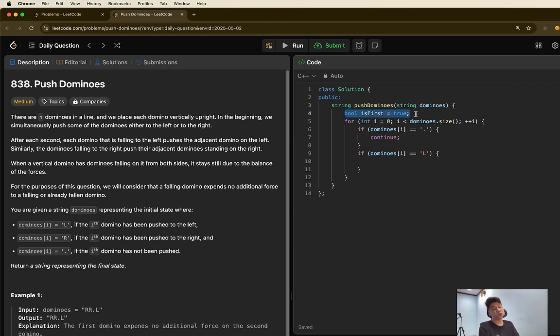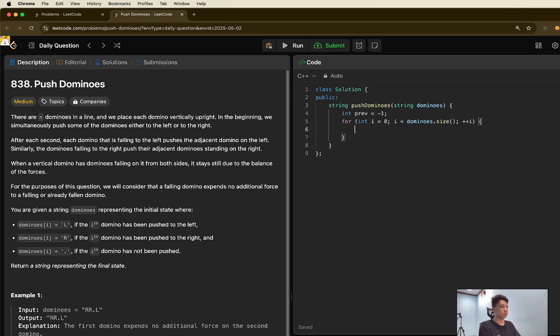Okay. We need to store the previous character position. Like -1, to assume that the previous is -1 means there is no character in front of this position.